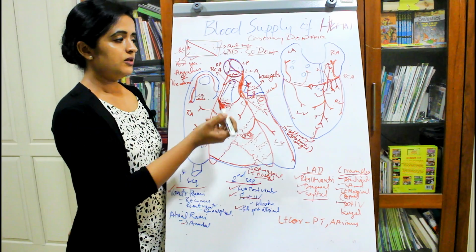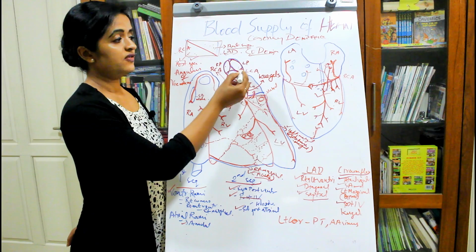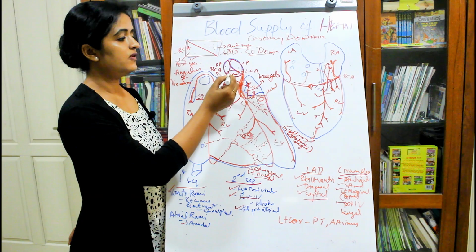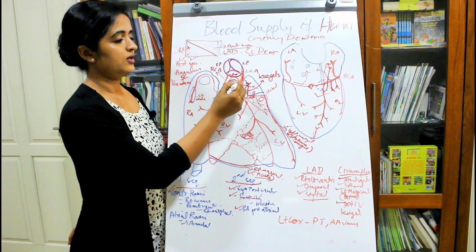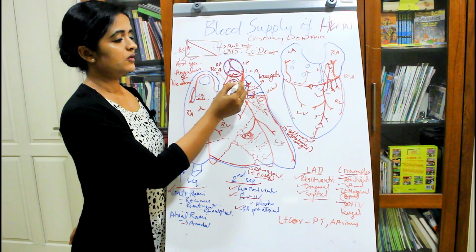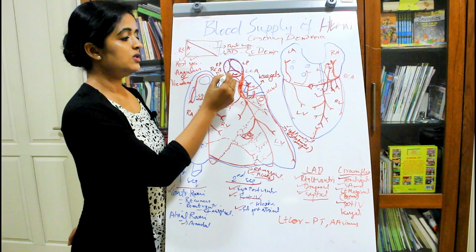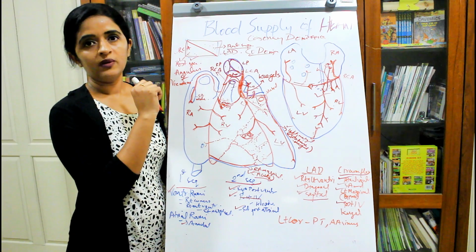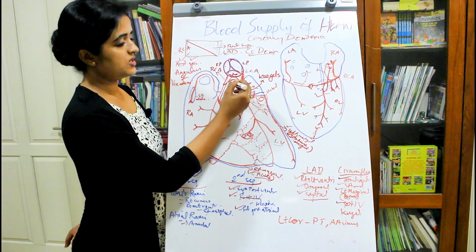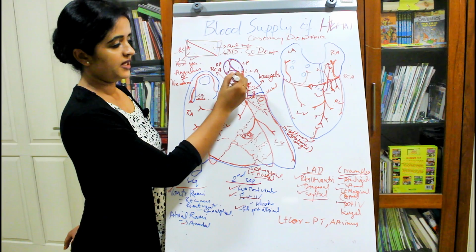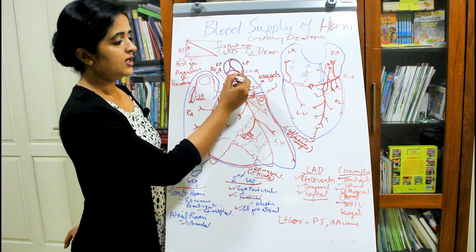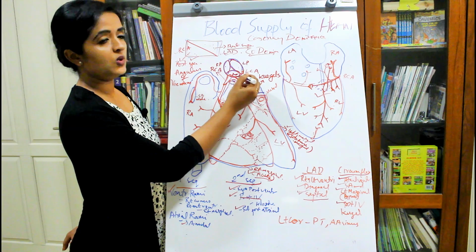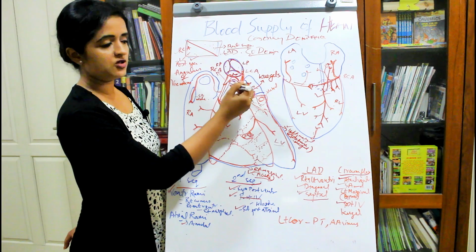Another option is this left coronary artery, instead of arising from the left posterior aortic sinus, will arise from the anterior aortic sinus. Just imagine, this will be arising from the anterior aortic sinus. So this will have a longer course compared to the normal one. This left coronary will be lying between, this is the aorta and this is the pulmonary trunk.